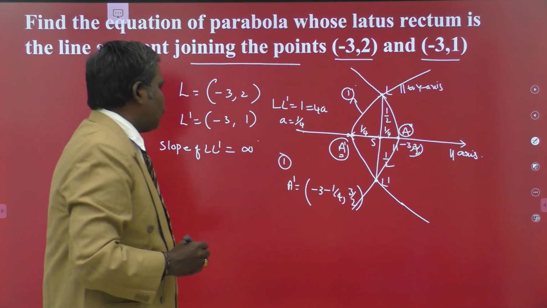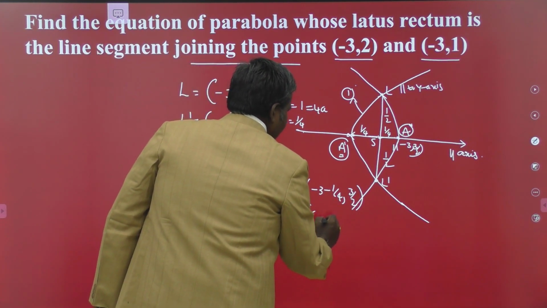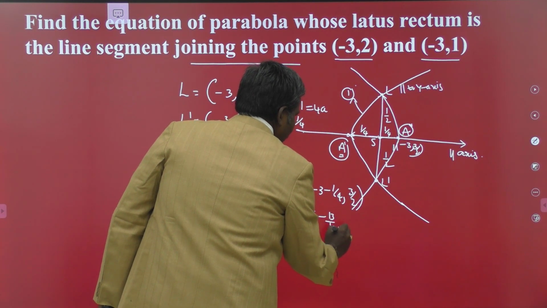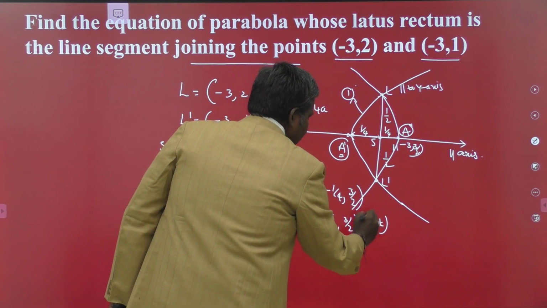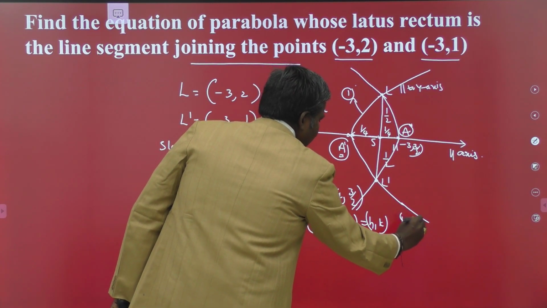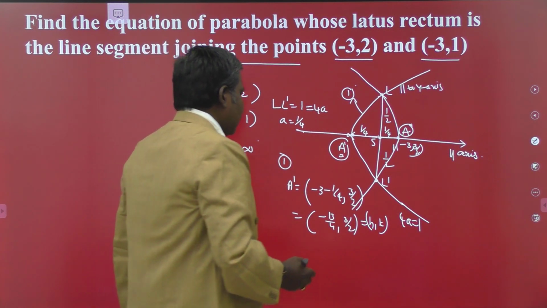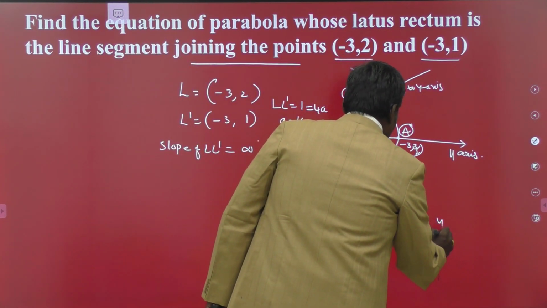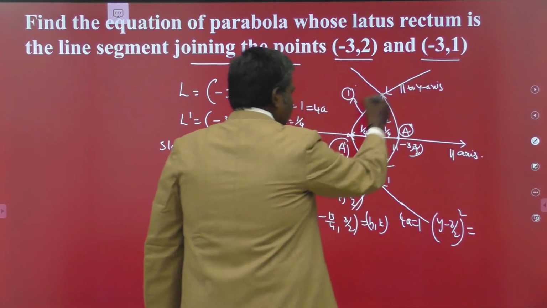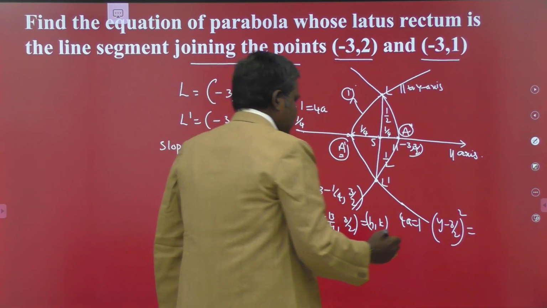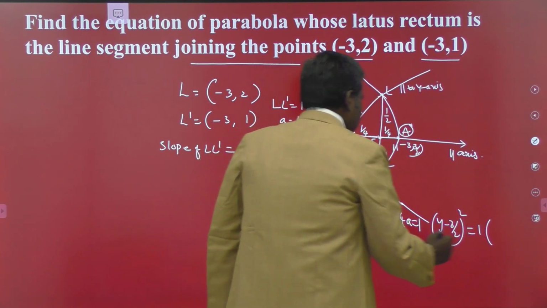This is the first parabola having this vertex. What is that here? Minus 12 minus 1, minus 13 by 4 comma 3 by 2. This is your (h, k). What is the length of latus rectum? 4a, here 1. So, can I write the equation of the parabola or not? You can easily write the equation of the parabola: (y minus 3 by 2) whole square is equal to, since it is rightwards, you have to take plus, 4a means 1, plus 4a into (x minus h).